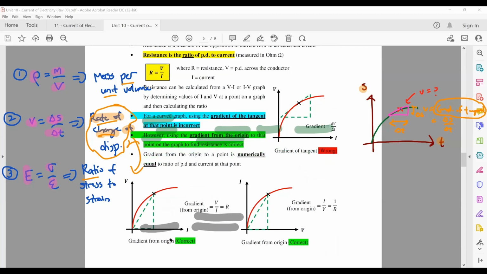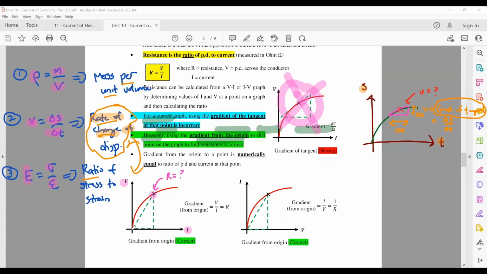If you look at the graph at the bottom, this one is the same PD to current graph. I again want to find out the value of resistance here. I cannot use the gradient of the tangent, but I can use the gradient from the origin.